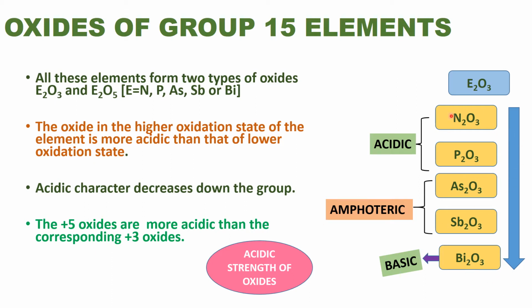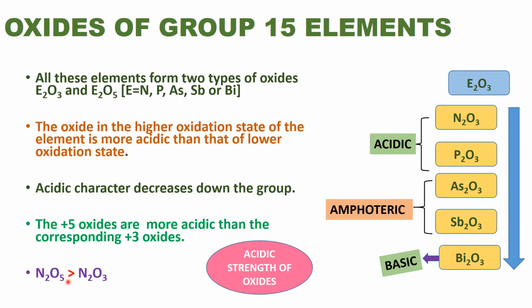In these oxides, the oxidation state of the element like nitrogen, phosphorus, arsenic, antimony and bismuth is +3, while in the case of other oxides having the general formula E2O5, that corresponds to N2O5, P2O5, As2O5, Sb2O5 and Bi2O5, +5 are their oxidation states.